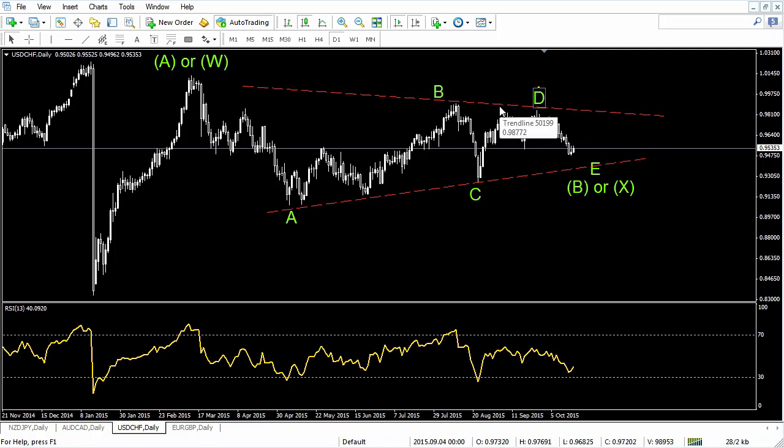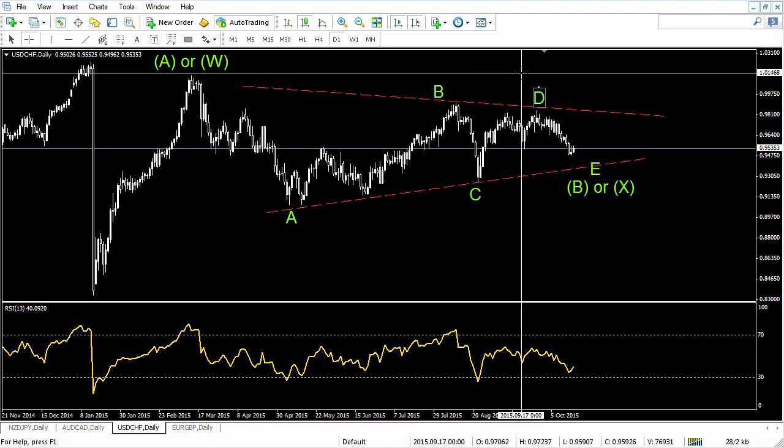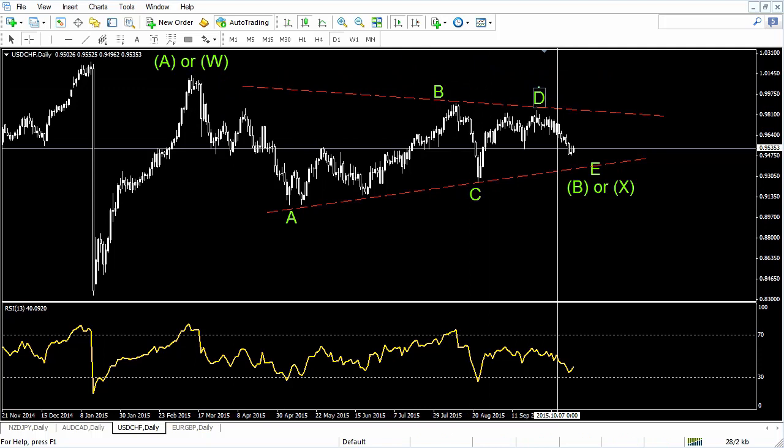We know that in a triangle we should have 3 waves inside each leg, and I can see right now ABC in A, ABC in B, some ABC that looks ugly but okay, still a 3-wave move, and ABC in wave D. Over here, I don't see the 3-wave move, so there is a good chance that we are going to do something like this before price turns higher.